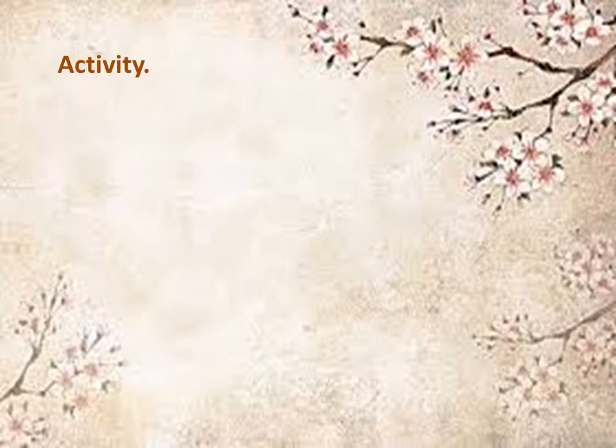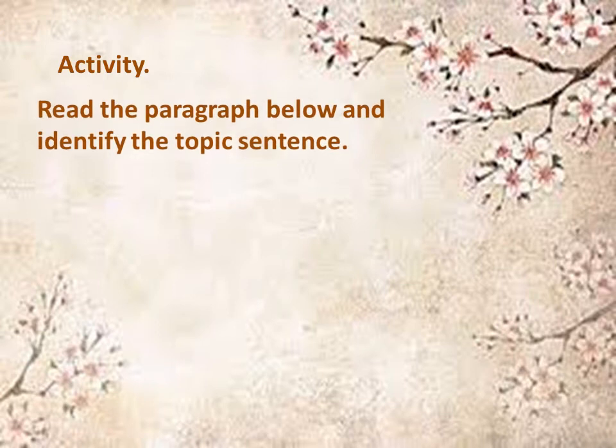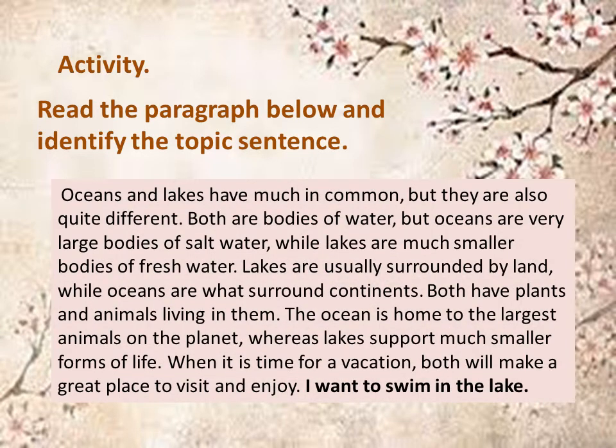Now, let's try this activity. Let's read the paragraph below and identify the topic sentence. Oceans and lakes have much in common, but they are also quite different. Both are bodies of water, but oceans are very large bodies of salt water, while lakes are much smaller bodies of fresh water.